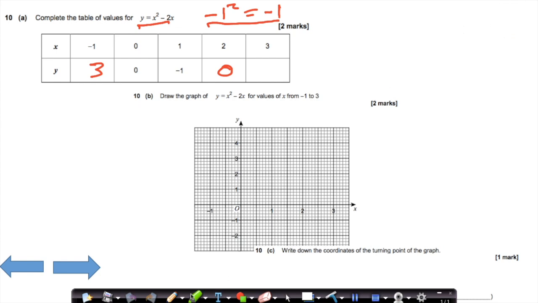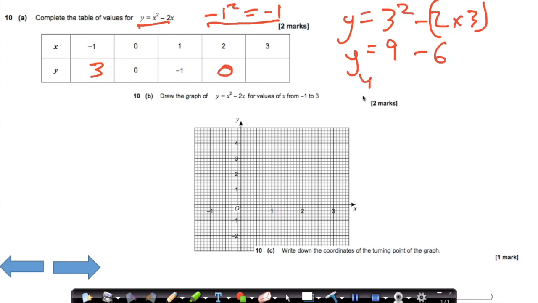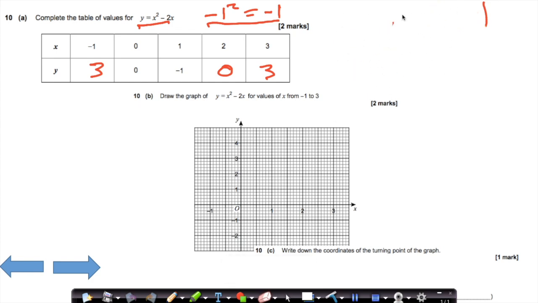So if x is 3, again we substitute into the same equation, 3 squared minus 2 times 3. So 3 squared, 3 times 3, which is 9, minus 2 times 3, which is 6, so y equals 3. So we have these values now, and that'll be for the 3 marks.